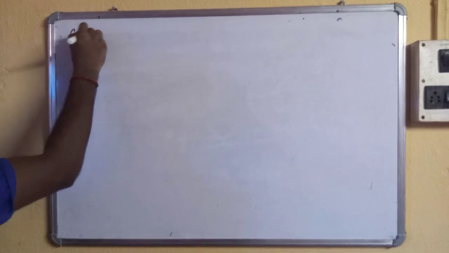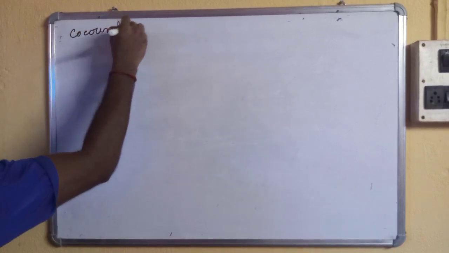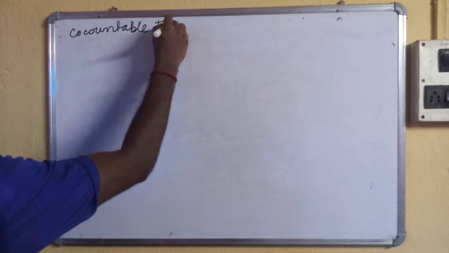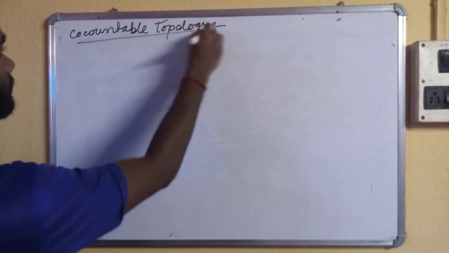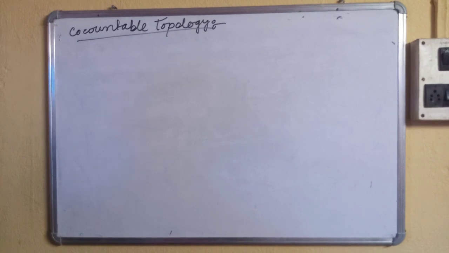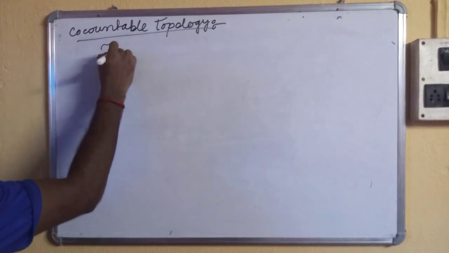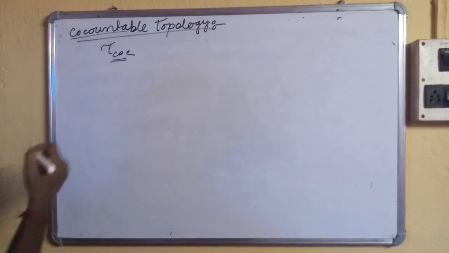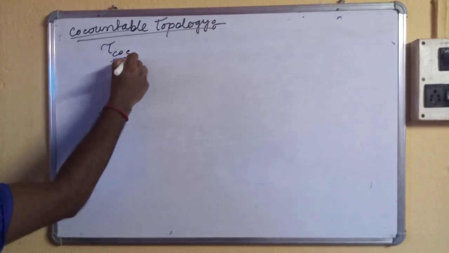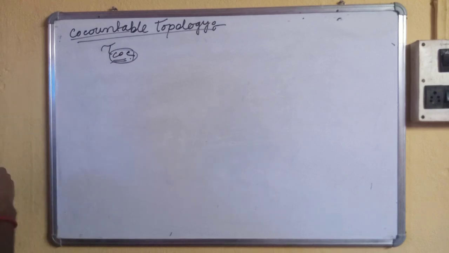Now co-countable topology. We denote co-countable topology as tau coc. Co means complement and c means countable. Altogether, this is co-countable. Now, what is co-countable topology?